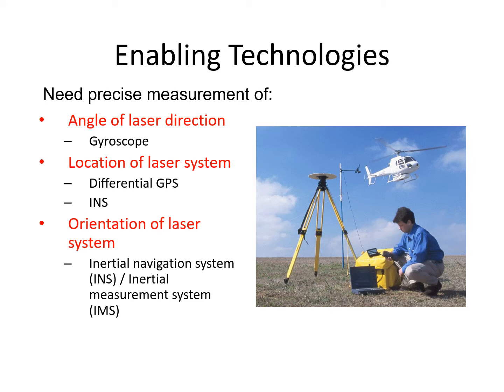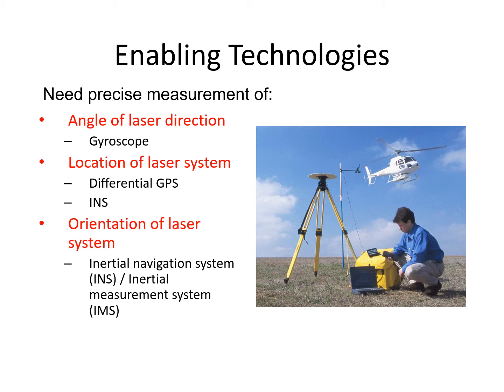Now, in order for this all to work, there's a bunch of things that have to go together. The first is you've got to have an ability to measure the angle of the laser direction. In other words, this system has to be mounted with some sort of a gyroscope. Second is you need to know the location of the laser system. In other words, you have to have some sort of very accurate differential GPS and an inertial management or inertial navigation system.